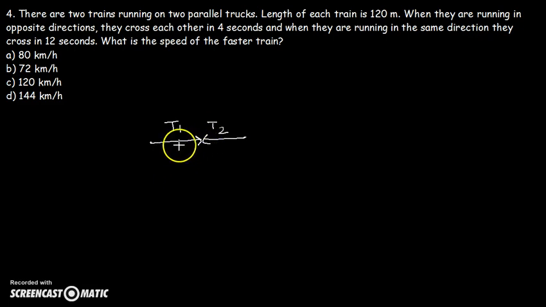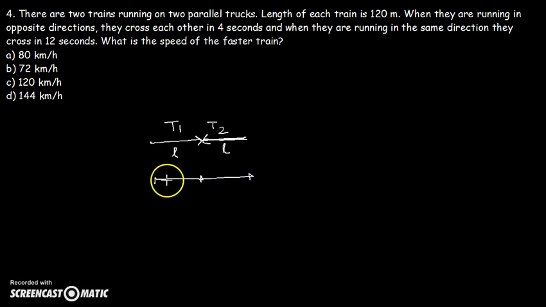We can imagine that the train T1 has to not only cover the length of the train T2, but it has to cover a distance which is equal to its own length as well. Okay, so you can imagine this to be like this.